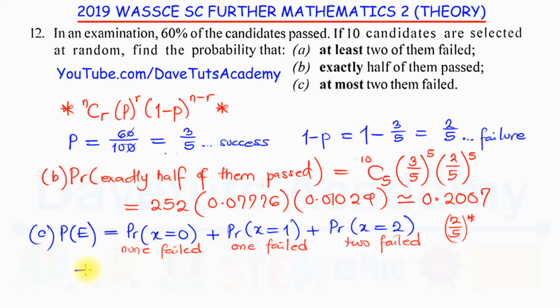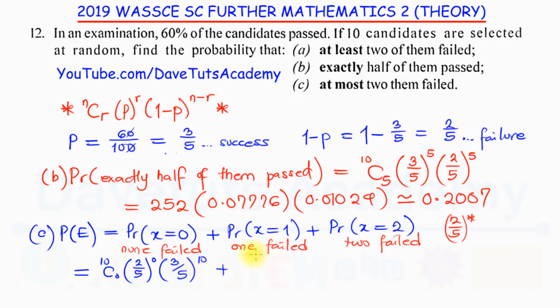So if you want to find this, in the first case it is 10 combination 0, then none failed will be 2 over 5 to the power 0, multiplied by, if none failed, then all of them passed, so that will be 3 over 5 raised to power 10, okay.